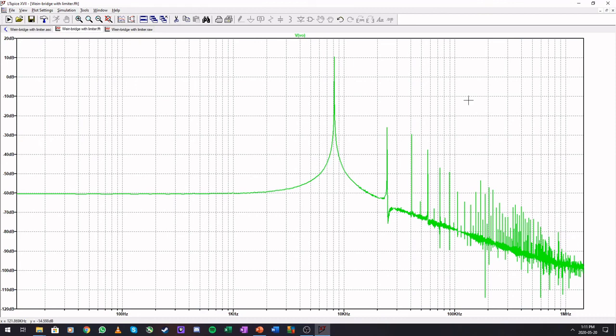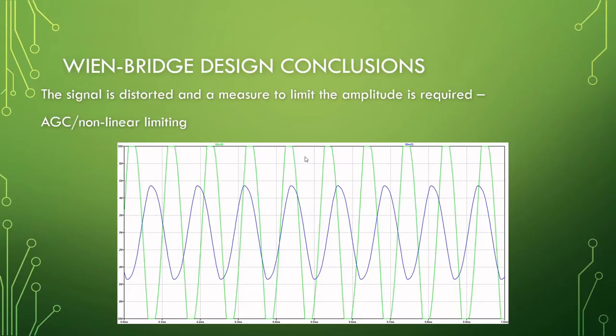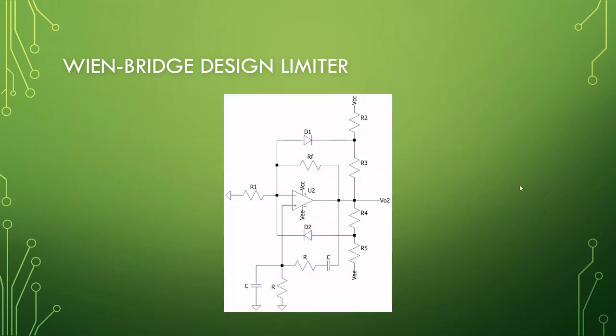Let's jump back to our conclusions and what needs to be done in follow-up videos. What we've seen is that we need some way to control the gain in our system, so some non-linear automatic gain control, so that we can choose our output signal size, and having automatic gain control will limit the distortion that we have.